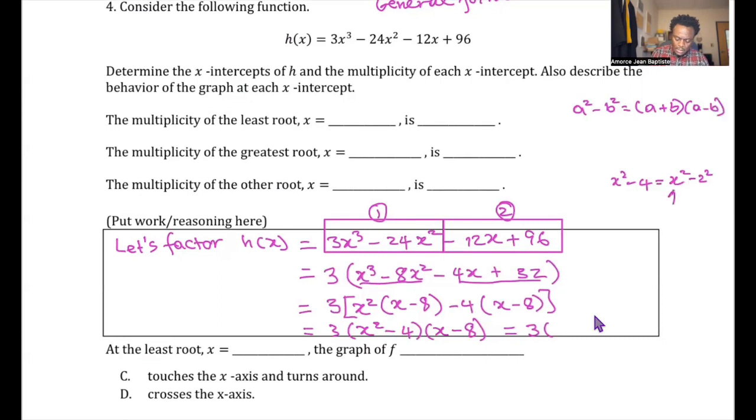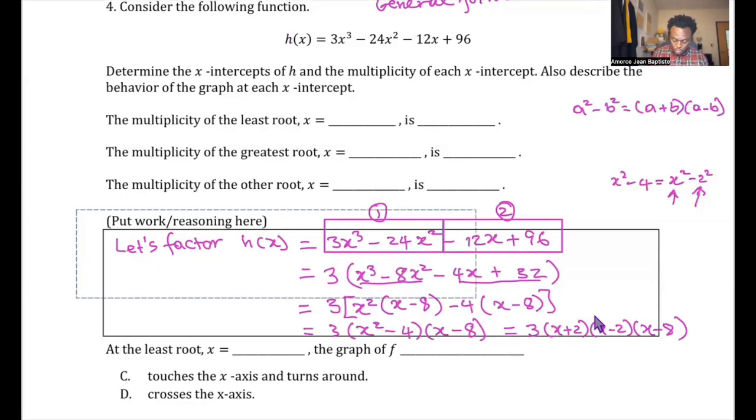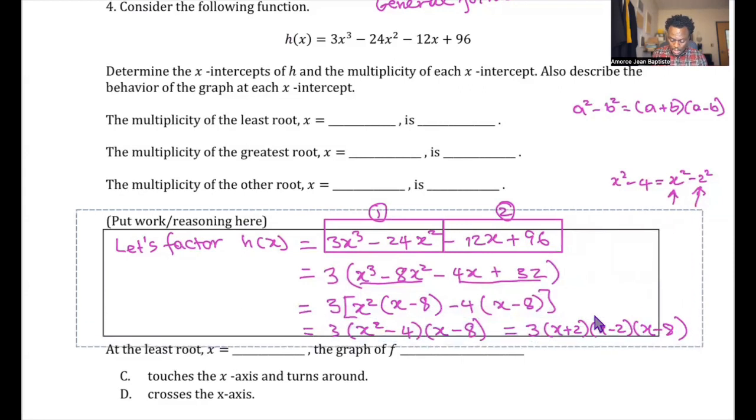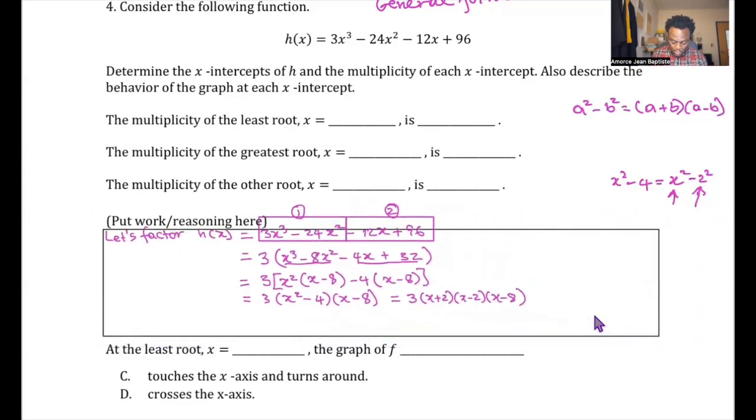So my a is x and b is 2. So that's x plus 2, x minus 2 times x minus 8. So this is the factored form of my polynomial h of x.